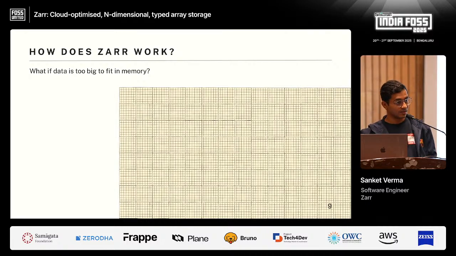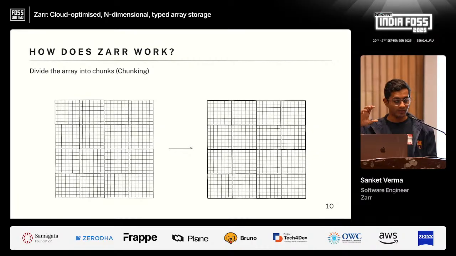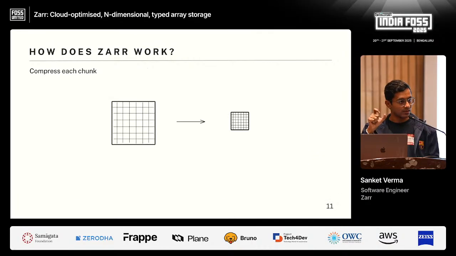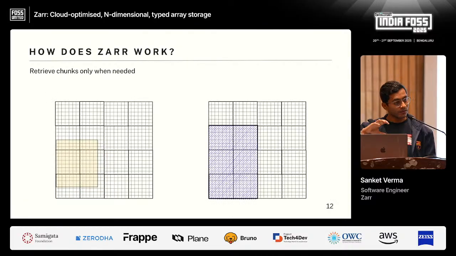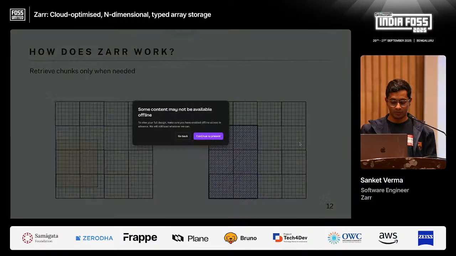This is where Zarr kicks in. It helps divide your big array into small chunks, you compress each chunk and store them in your secondary memory. The retrieval works in a way that only the selected chunks, or the subset of chunks, will be loaded into your memory, not the entire array.